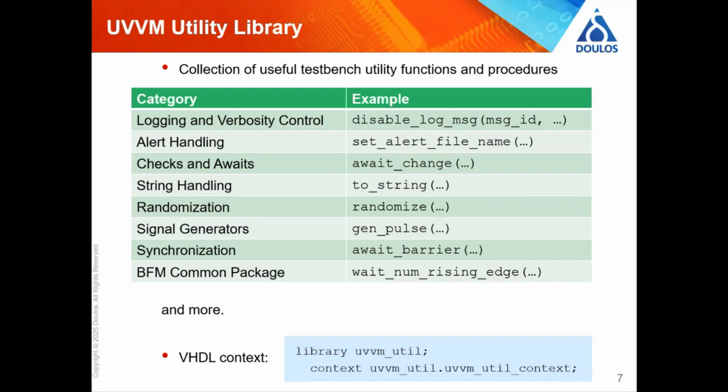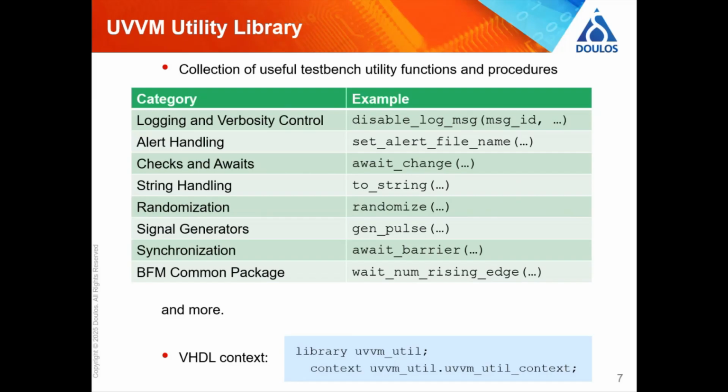So this page actually looks a bit different, but we've just focused on different things here. They actually cover very similar ground. So stuff that we have in UVVM includes logs and alerts, a very similar idea. We have the ability to have messages of certain severity. We can configure how the simulator handles them. We can configure where they go, to the transcript, to the log file, and so on.